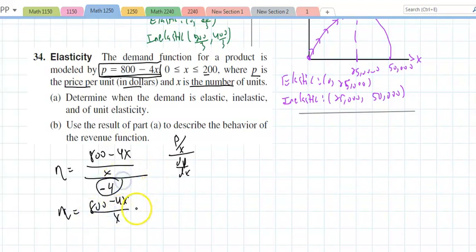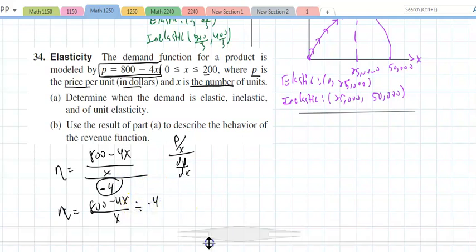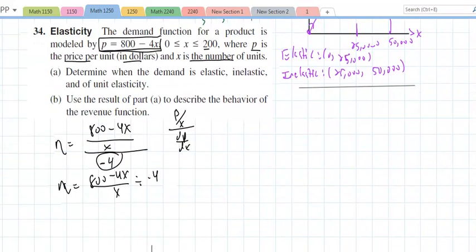Instead of dividing by negative 4, I'm going to multiply by the reciprocal, 1 over negative 4.